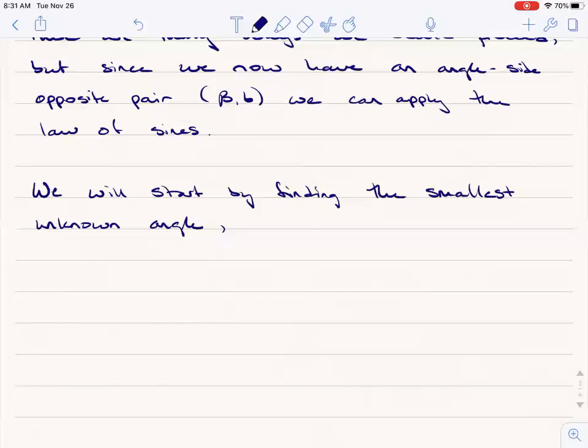It's always going to be less than 90 degrees because it's always the smallest. And so we can have one obtuse angle, but that's it.